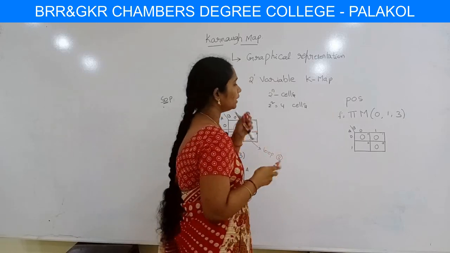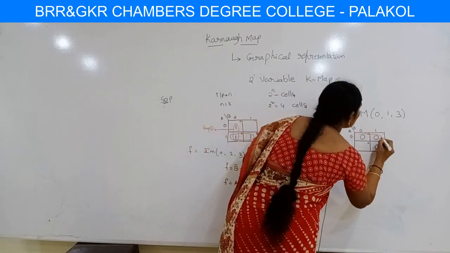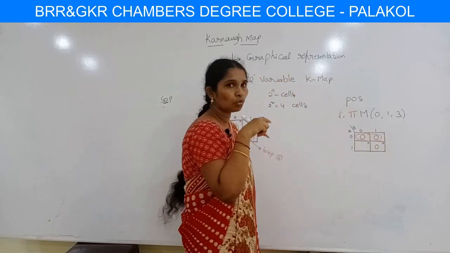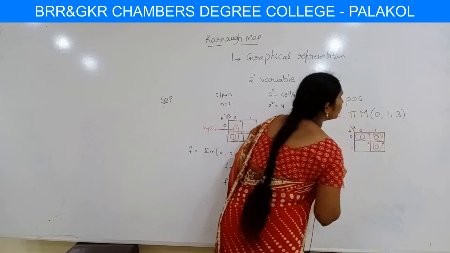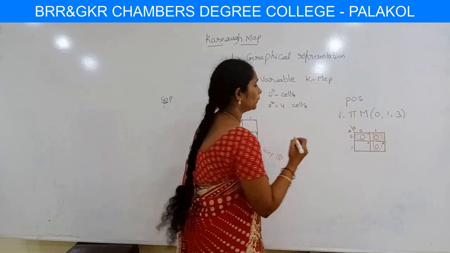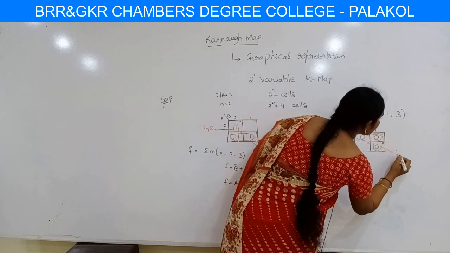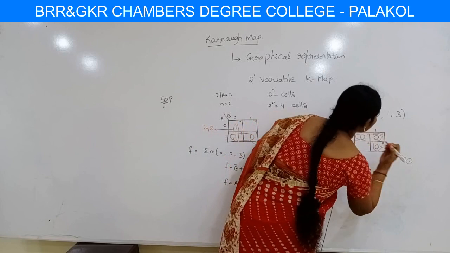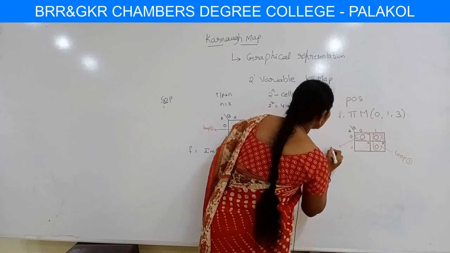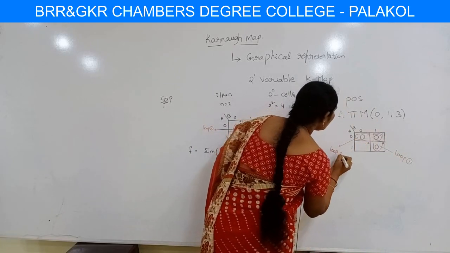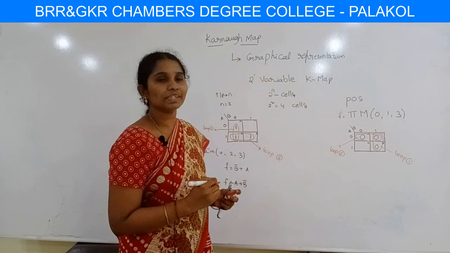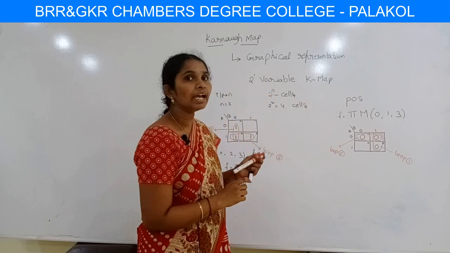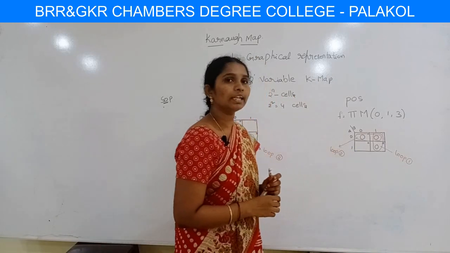Here these two belong to one group, and these two belong to another group. This is loop number 1, and this is loop number 2. We are forming two loops here. Now we will find the expression for this K map.